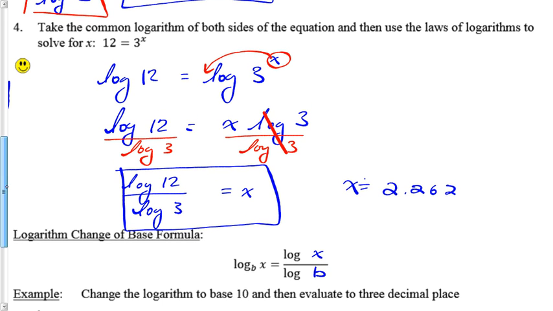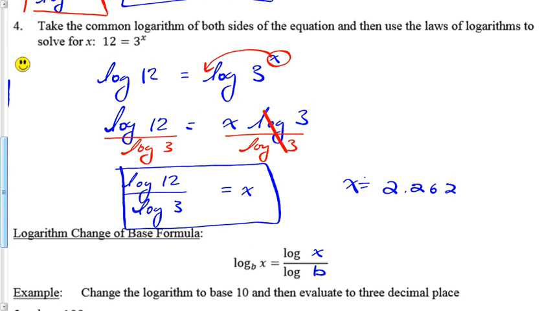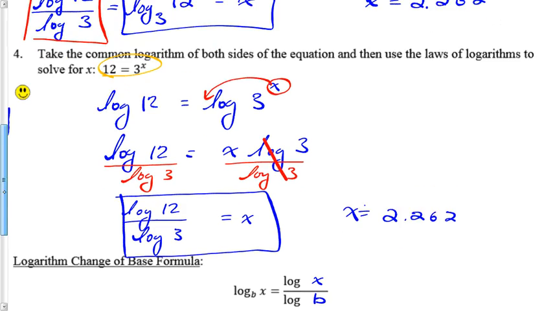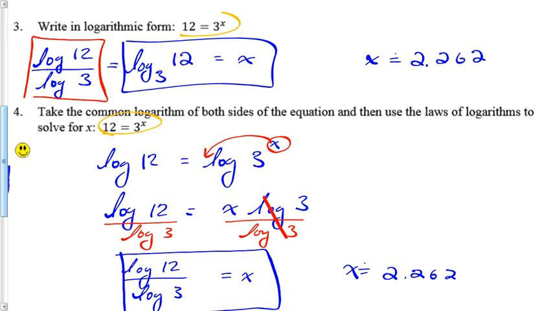Then we did number 4, where instead of rewriting the same equation, so that equation is the same as what we had up here. In question number 4, we took the log of both sides. So we did the log of 12, the log of 3 to the x, and then we could use that law of logarithms to bring that x down and multiply it, because if I have this power raised to an exponent, I can multiply the exponents.